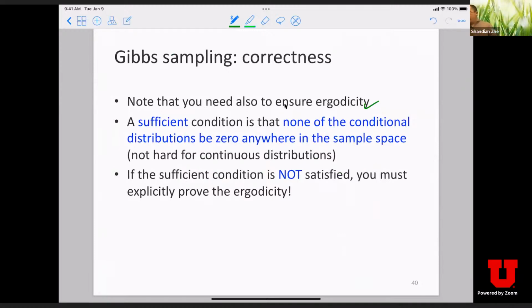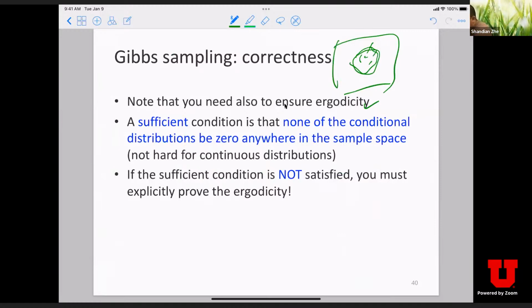It is possible that if your conditional distribution is not well behaved, you can only generate samples in a small region. You cannot explore the whole sample space. That means you can miss some part of your true posterior density. That's not something we want, right?